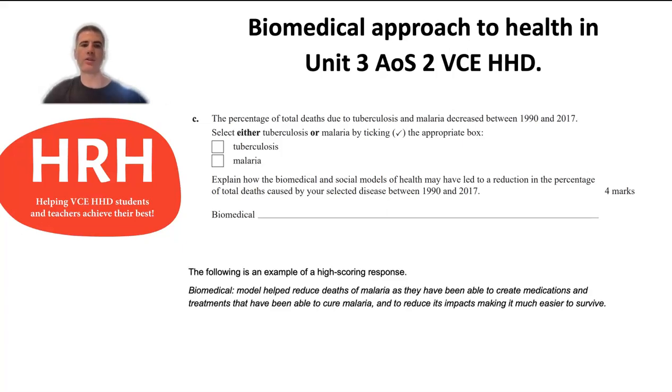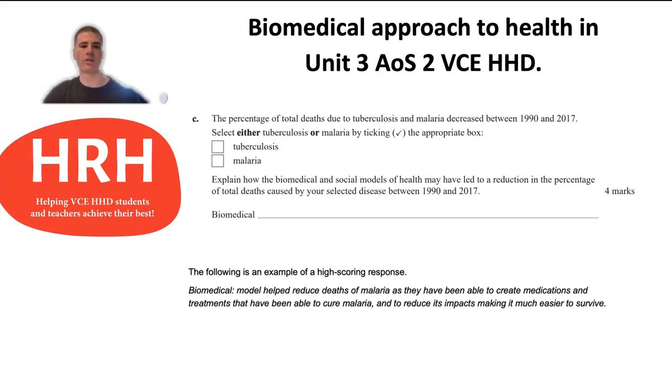I say to my students, you don't have to be an expert on these conditions and know exactly the type of treatment required to reduce deaths, but you need to understand that the biomedical model involves things like medications and surgery. You can see the example of the high scoring response: it says that this model may have helped to reduce deaths in malaria, as they may have been able to create medications and treatments that have been able to cure malaria and reduce its impact, making it easier to survive.